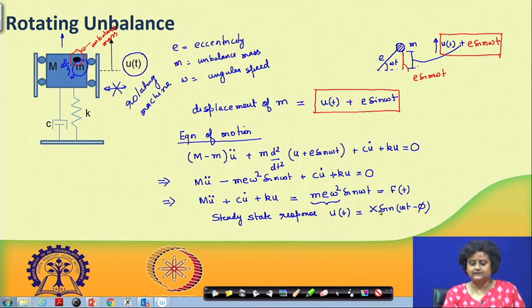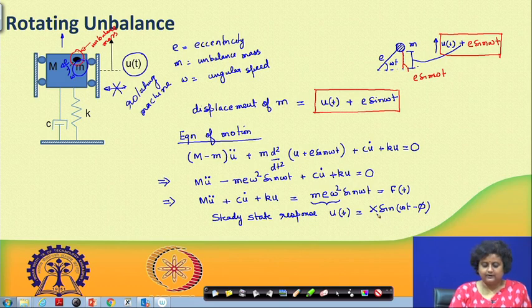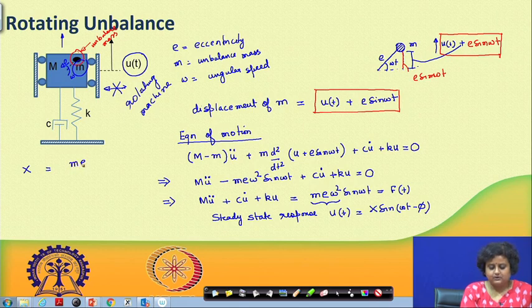I have to plug this into the equation and solve for x, and if you solve for x, you will see that x is nothing but m e omega square by k into H(omega), where H(omega) is the magnification factor.